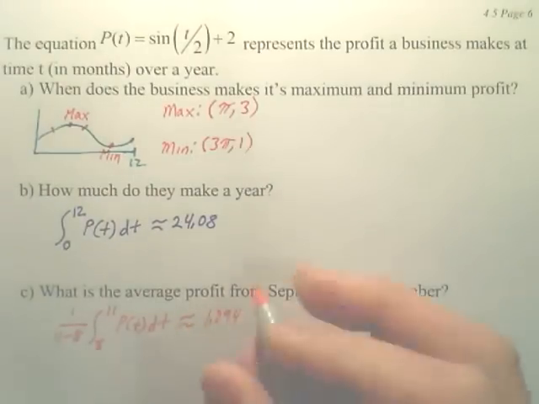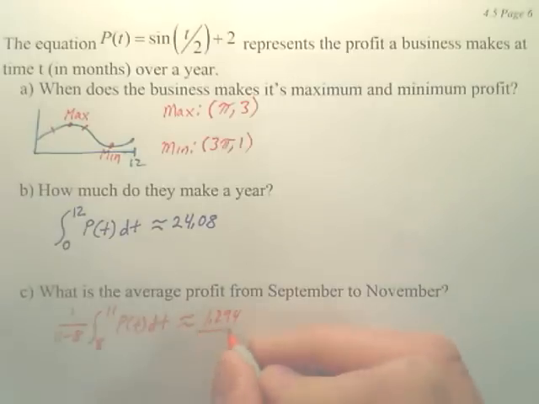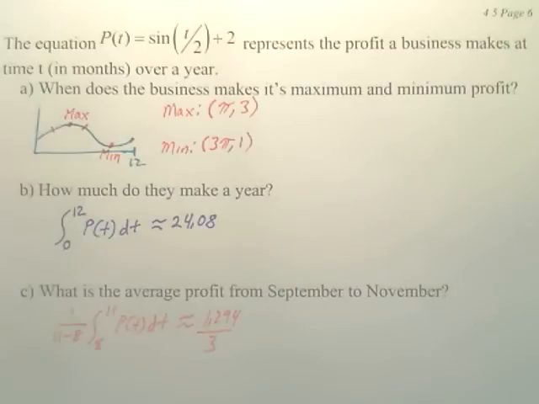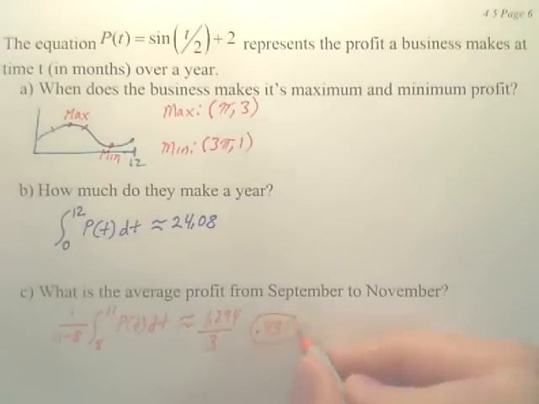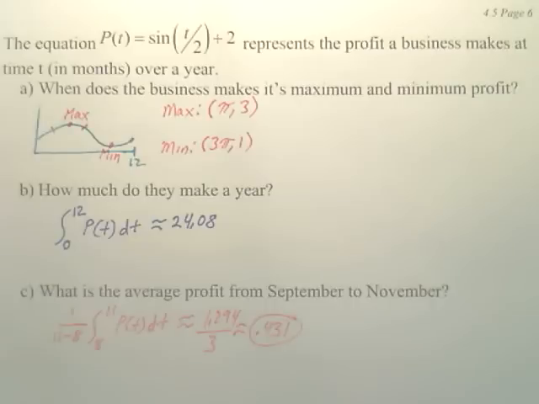But then don't you have to divide that by what? 3. So 1.294 divided by 3 is 0.431. That would be your approximate value, the average amount of income you're making from September to November.